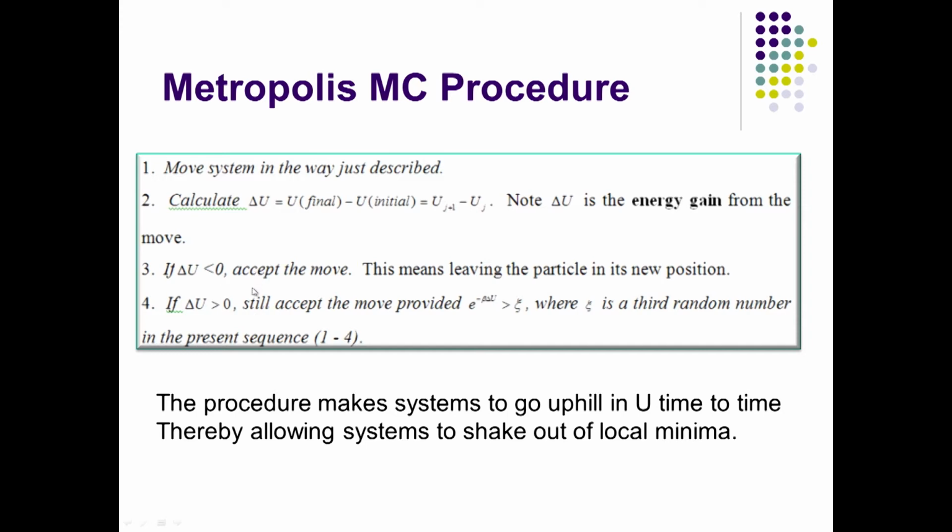If it is less than 0, then accept the move, and if it is greater than 0, then you can still accept it only if it is allowed by the Boltzmann factor. So, the Boltzmann factor, which is exponential of minus beta delta u, has to be greater than those random numbers that you have generated in order for you to accept that particular move. And so, with that understanding, we know that we do not have to calculate the equation of motion.